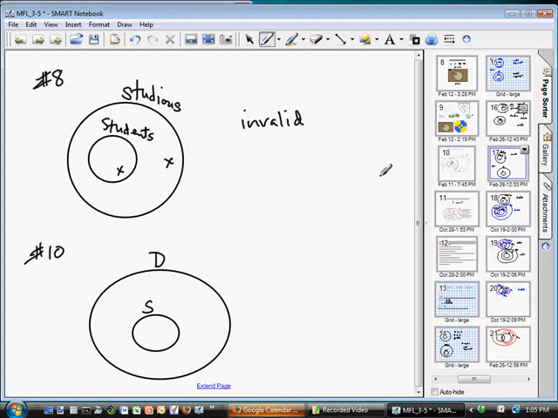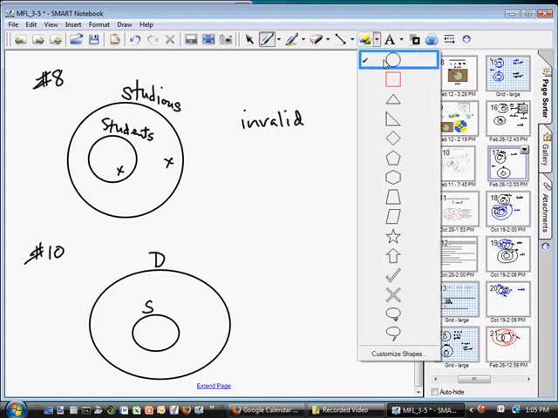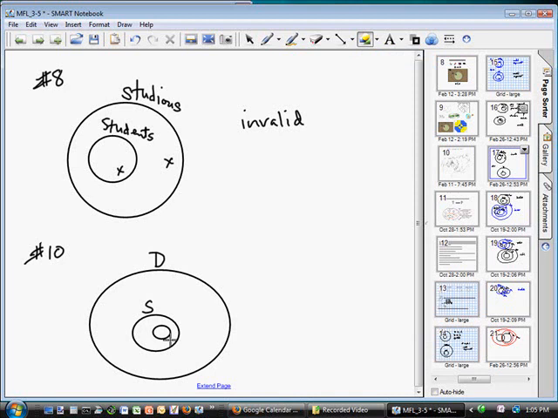So now you got to help me. Where do I put the wealthy people? Yeah, and that's a group. So I'm going to draw another circle. They got to be inside S, don't they? So I should have made myself a little bigger one there, but okay, wouldn't that be the wealthy people then? All wealthy people are students, all right, cool. Conclusion, all wealthy people are dedicated.